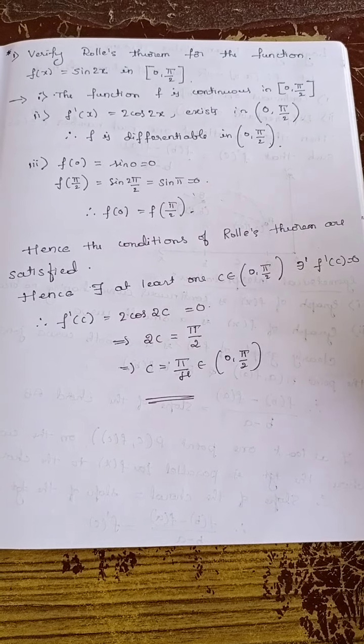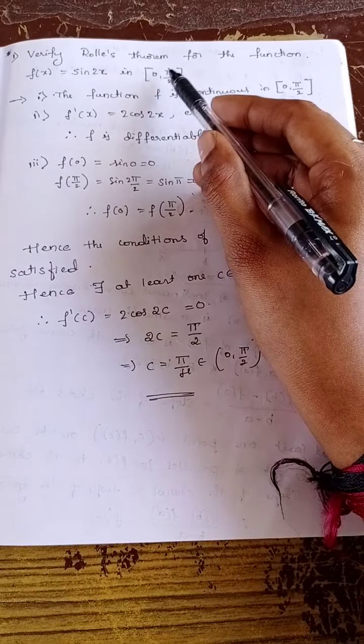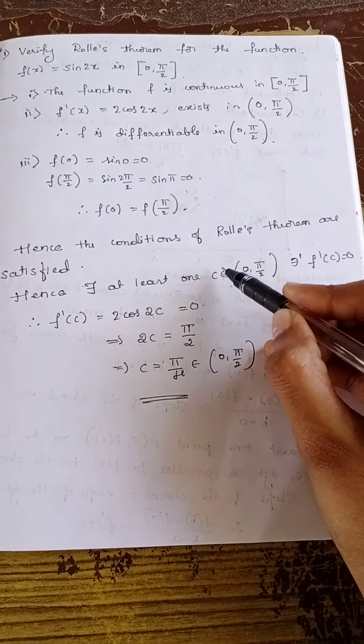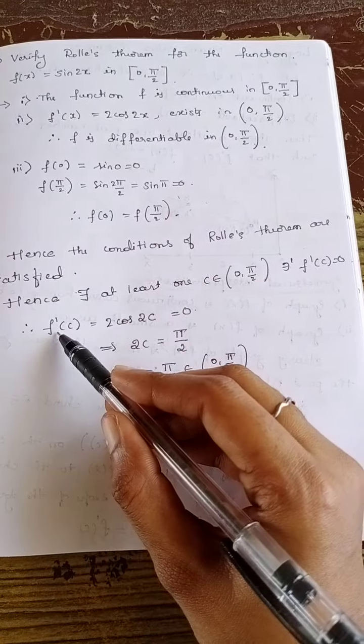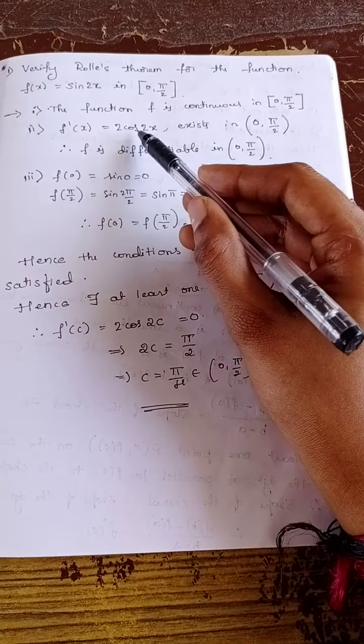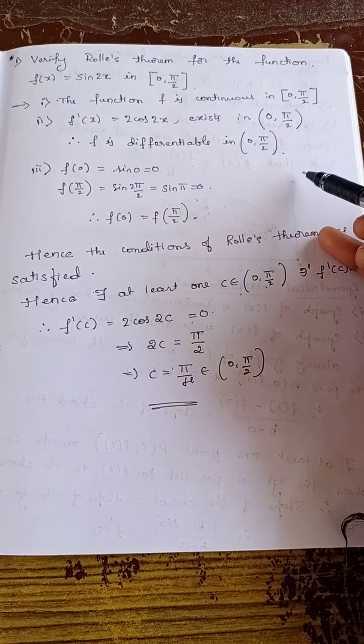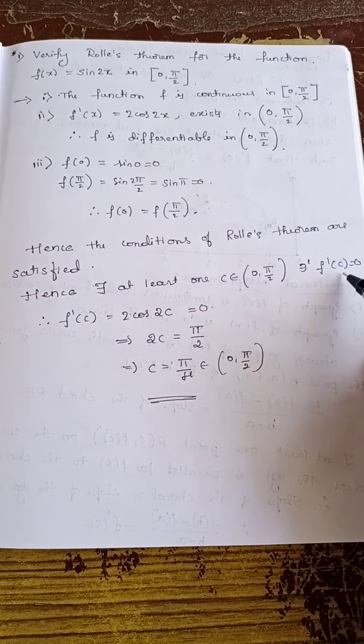Then there exists c in the interval 0, pi by 2 such that f dash of c is equal to 0. We have to find this c. So f dash of c is equal to 2 cos 2c, which equals 0, because all three conditions of Rolle's theorem hold. Equating to 0, cos 2c is equal to 0.